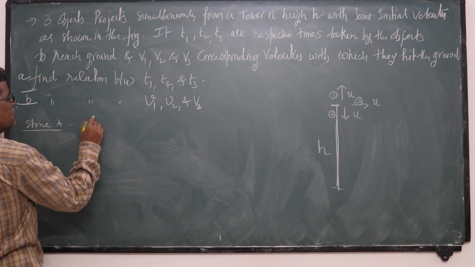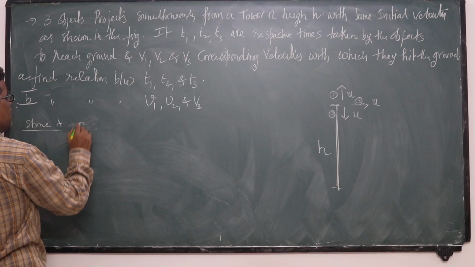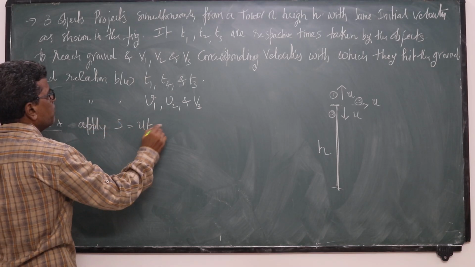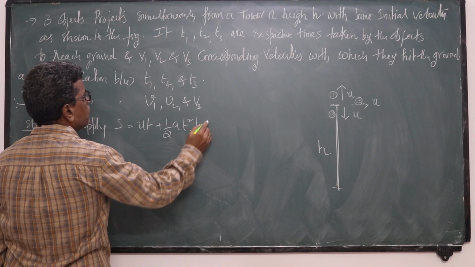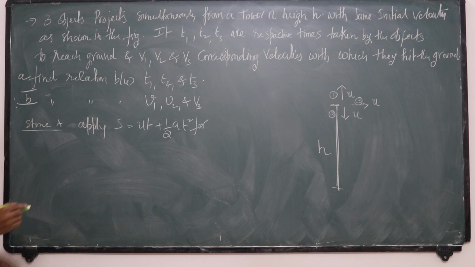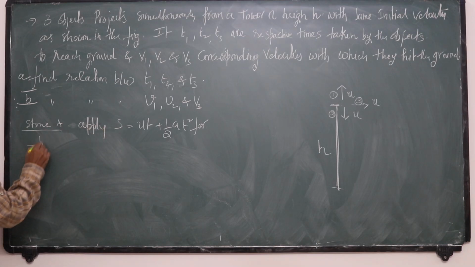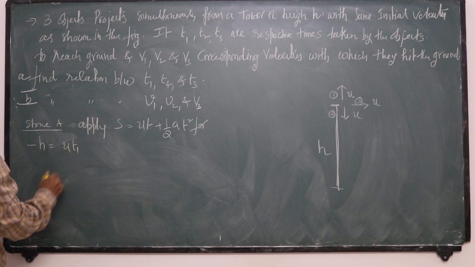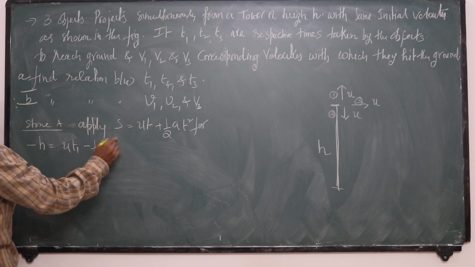I am applying s is equal to ut plus half a t square for stone A. So s becomes minus h, u becomes ut1 minus half g t1 square.